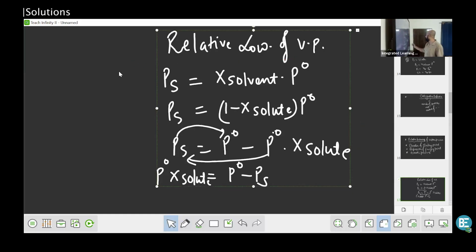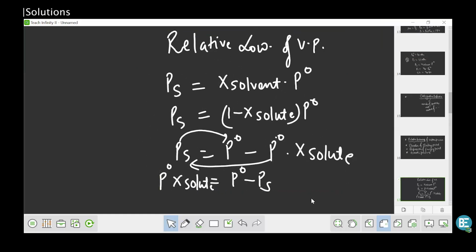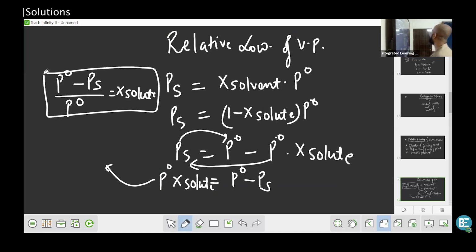Everyone, is this clear? Okay. Now, can I write it like this? P naught minus Ps upon P naught is equal to X solute. Is it clear now?